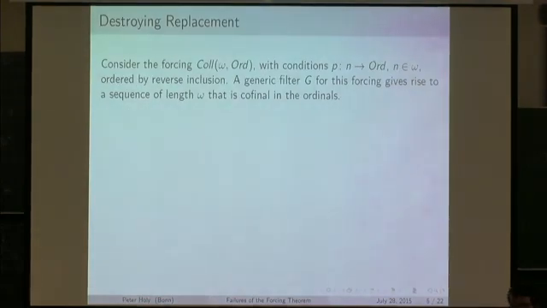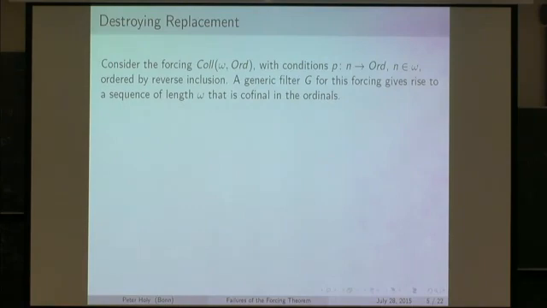And it's quite easy to destroy replacement in a generic extension. So look at the forcing Collapse(omega, Ord). The conditions are just functions from a natural number to the ordinals, and the order is the natural one, which means reverse inclusion.